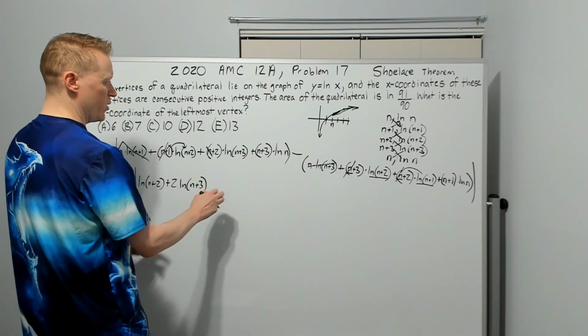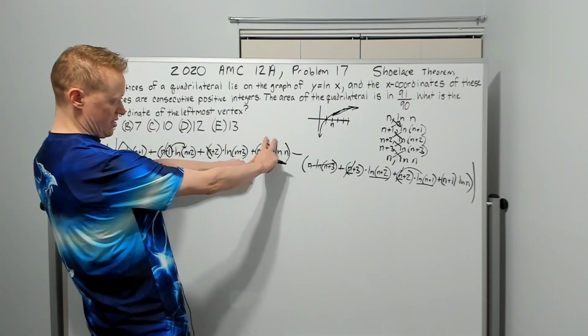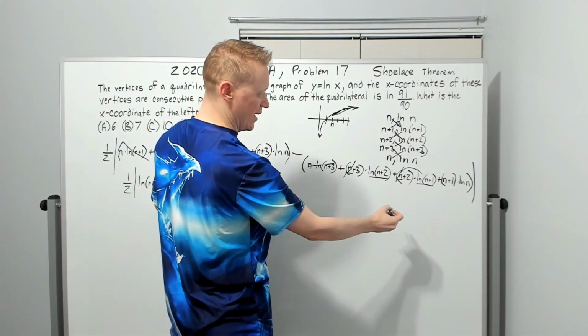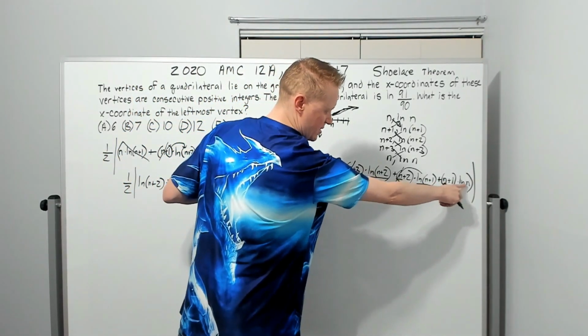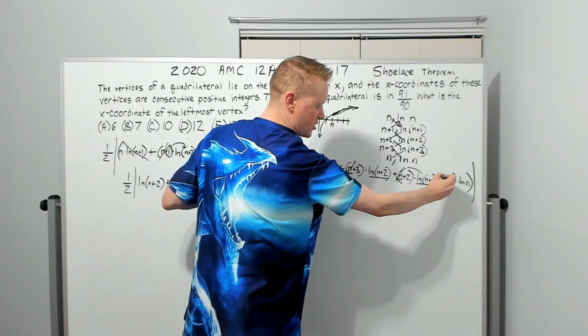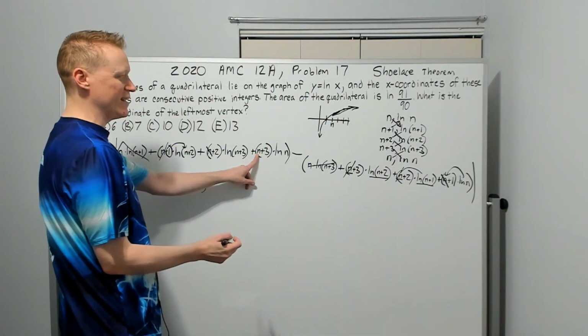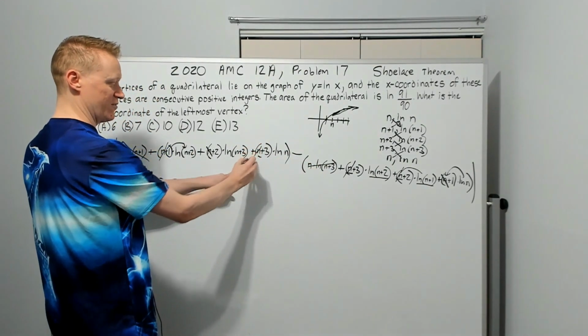Okay, then we have n, this n right here, distributed, right? The natural log of n distributes to the n to give n natural log of n. And because of the minus sign here, this one and this one will now cancel. When the natural log distributes to this, I will get an n natural log of n term that's negative that will cancel the positive version of this.